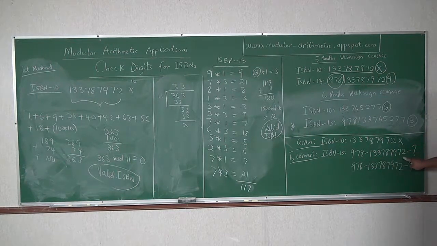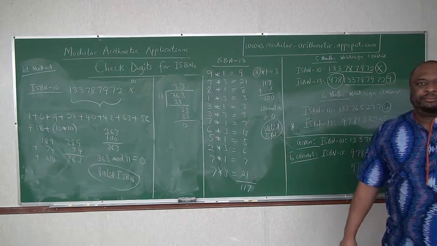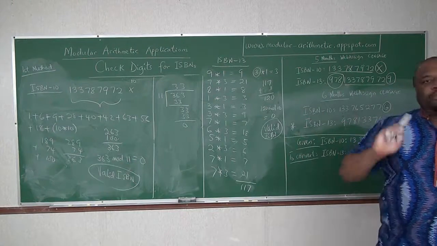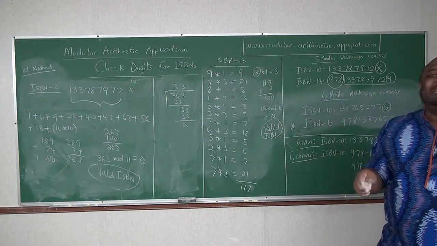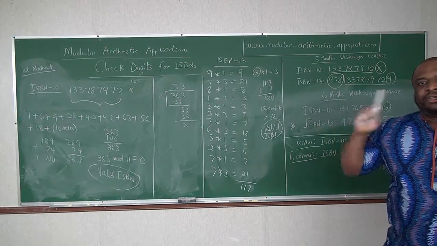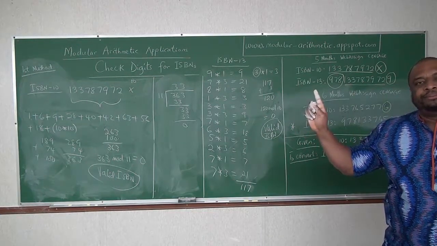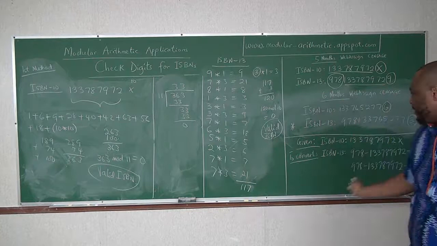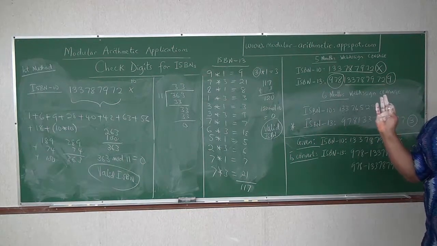So now you have 12 digits. You now calculate the new check digit just like the method we used for ISBN-13. And we got 9. That is the way you do it.